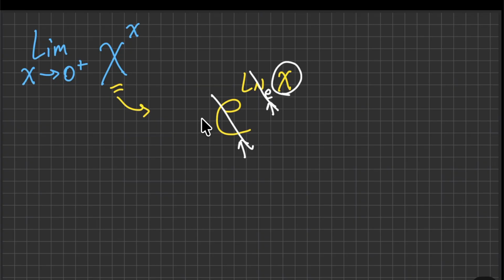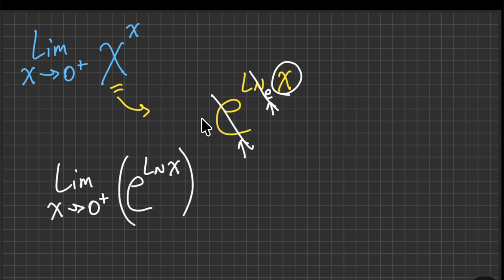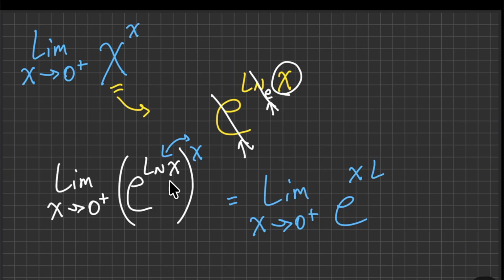So we're going to rewrite this as the limit as x approaches 0 from the right of e to the natural log of x raised to that original blue x. And when we're in this situation, we can execute the power rule there of exponential functions, and therefore we're left with the limit as x approaches 0 from the right of e to x times natural log of x.